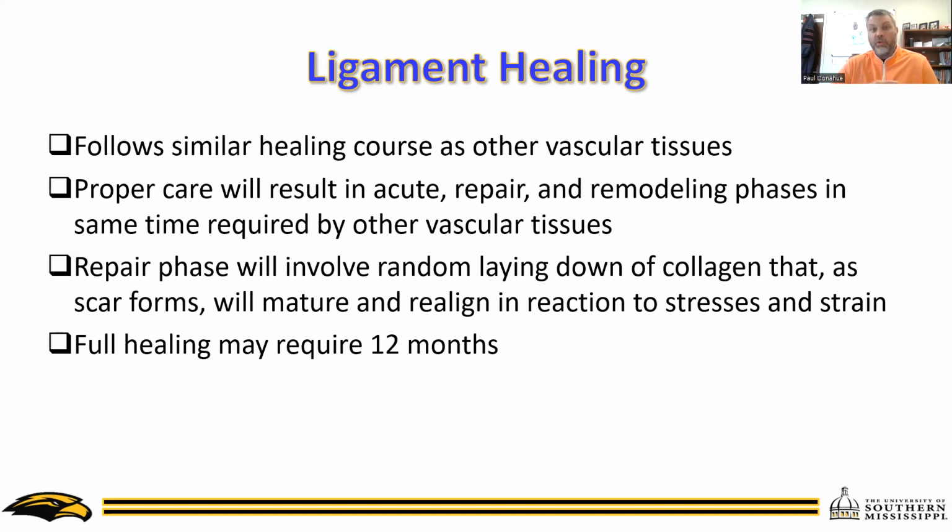Now, to go through a full healing process, it does take time. And this is where, when we have an ACL injury, or an MCL injury, or the Tommy John type injury, you can let it heal on its own, but it takes a long time and it's never going to fully repair itself.